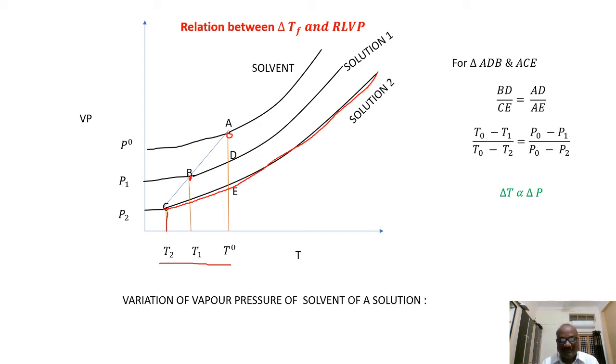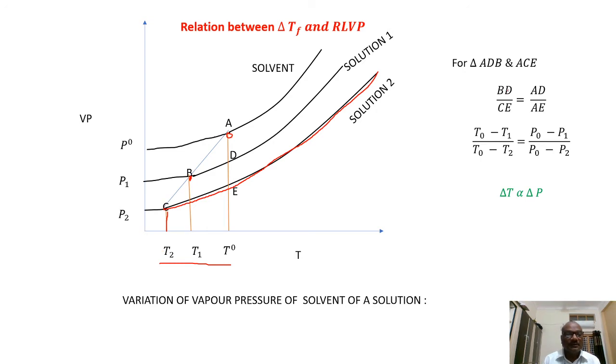So what is the relation we observed in this diagram? P0 is greater than P1 is greater than P2, and T0 is greater than T1 is greater than T2. From this we can easily understand that temperature and vapor pressure depend on each other. Vapor pressure is a function of temperature, we can say.